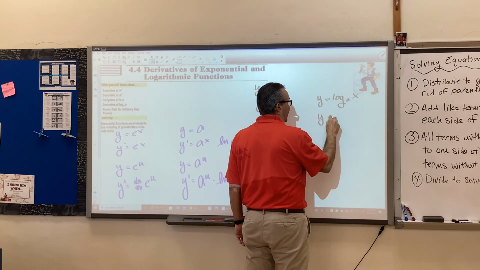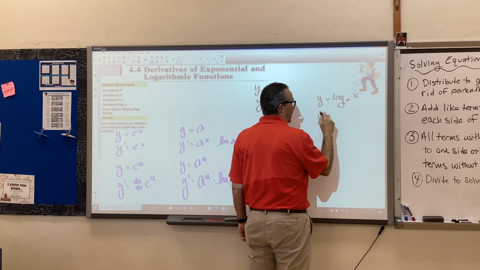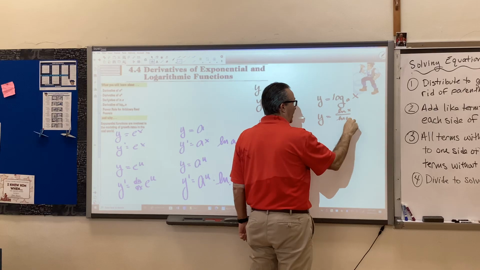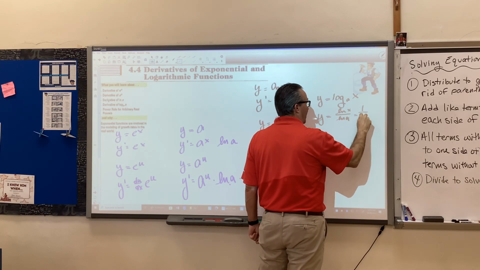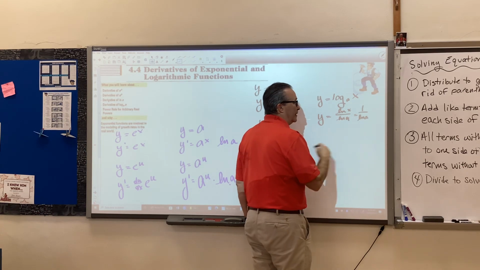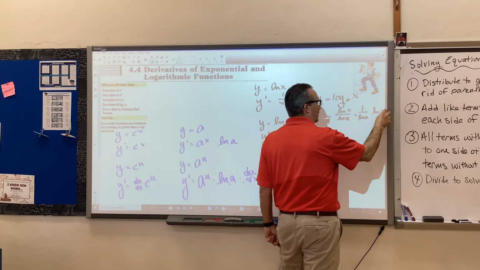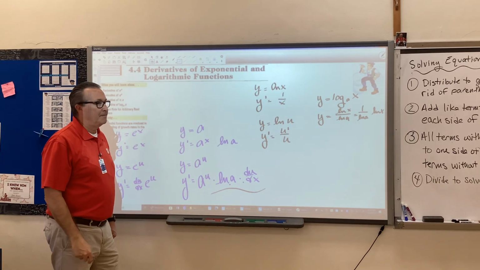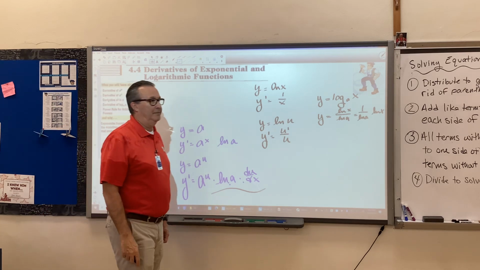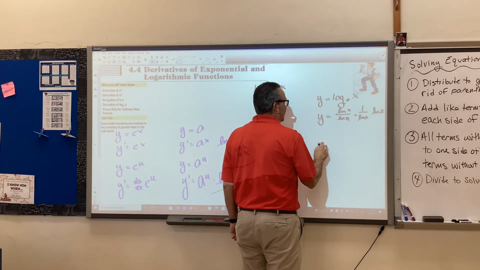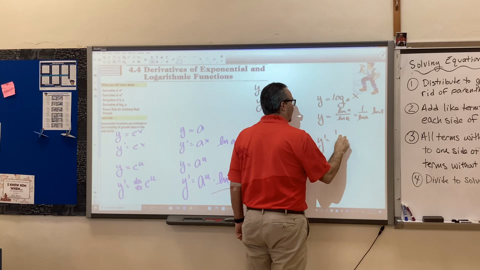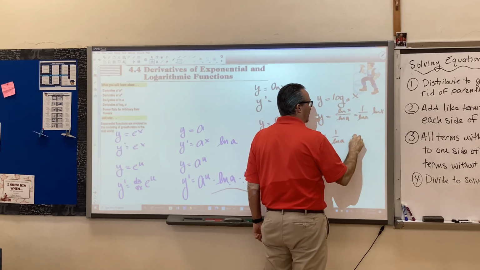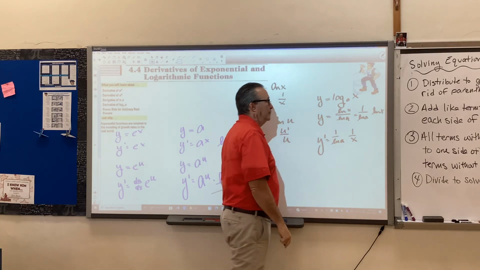You'd rewrite it as the natural log of x over the natural log of a, which is 1 over the natural log of a, just the constant, times the natural log of x. Okay? And then you take the derivative. It's the constant times the derivative of the natural log of x, which is 1 over x.